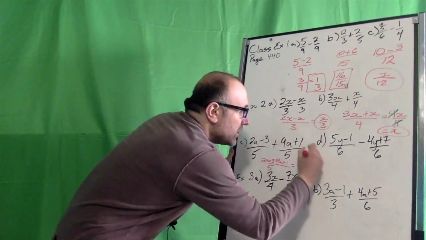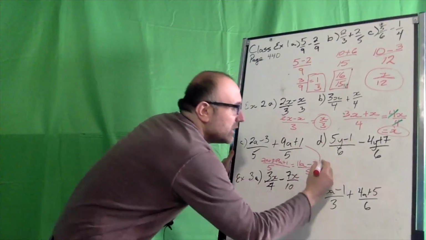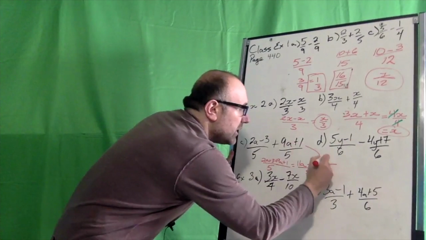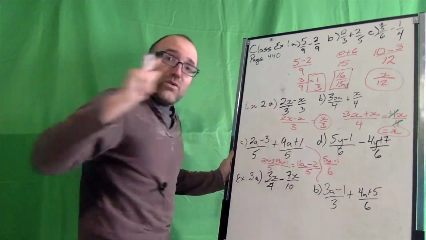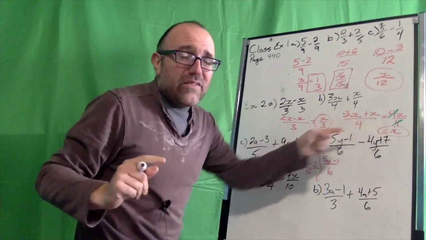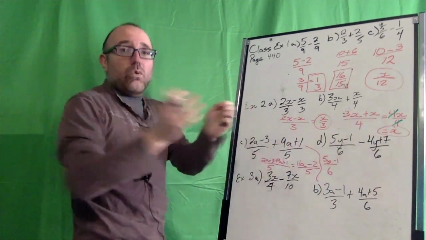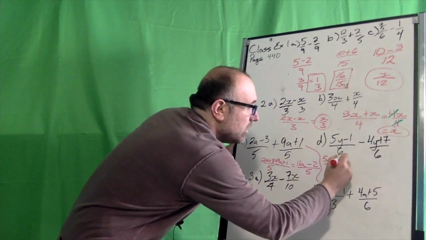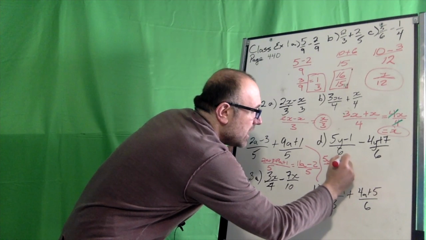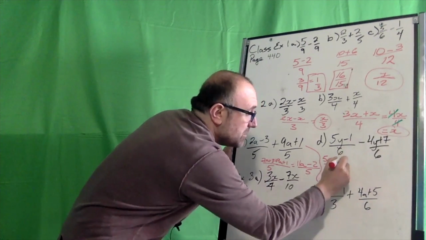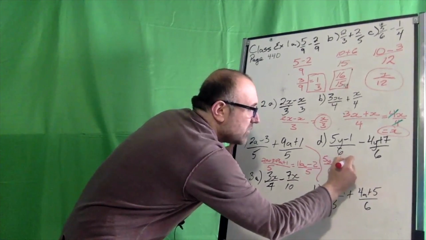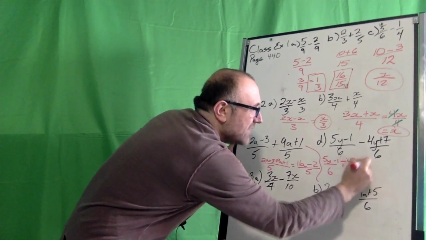So with D over here, what's going to happen is that they're over 6. Do the same thing as earlier. 5y minus 1. Be careful for this step. This negative is applied to both terms of that binomial, because it's one collected group in there. So I'm just going to rewrite it as, my apologies, minus 4y minus 7.